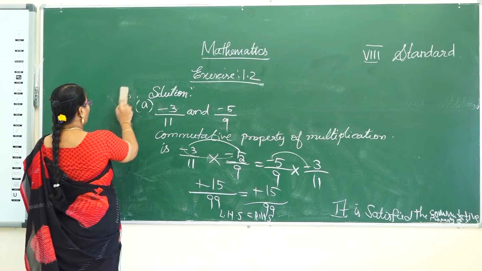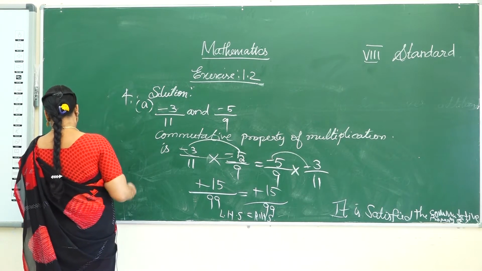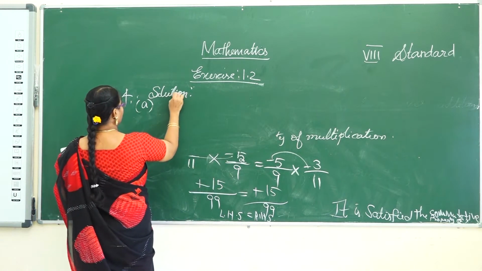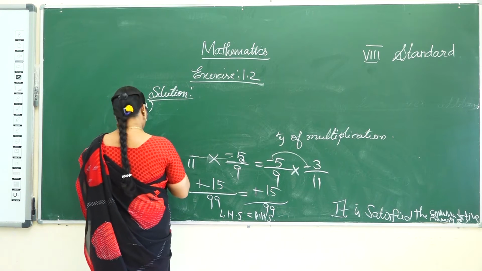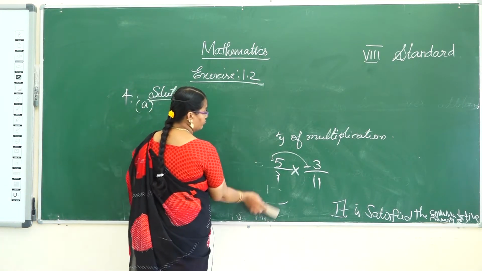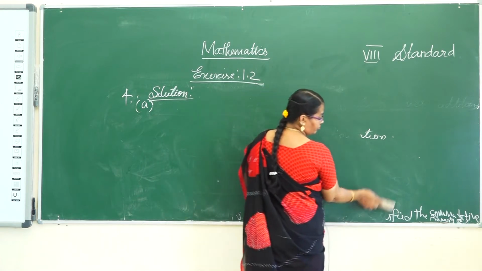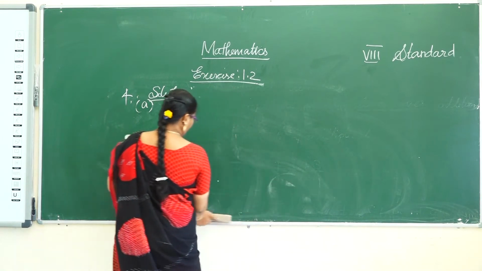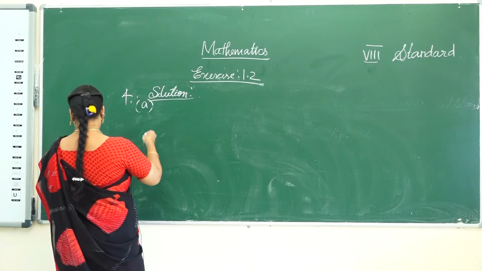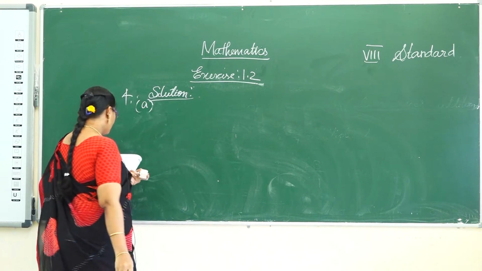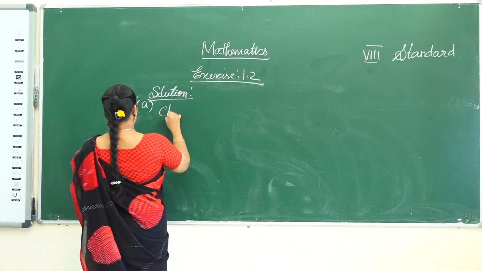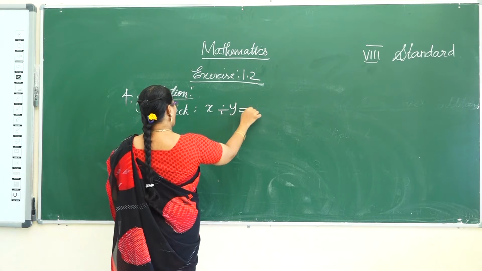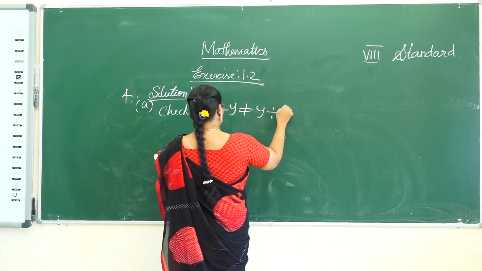And next one, fourth problem, first subdivision. For each of the following rational numbers, check that x divided by y is not equal to y divided by x.